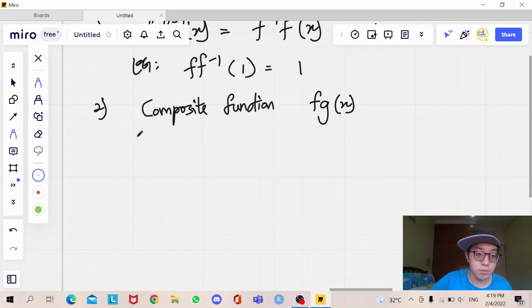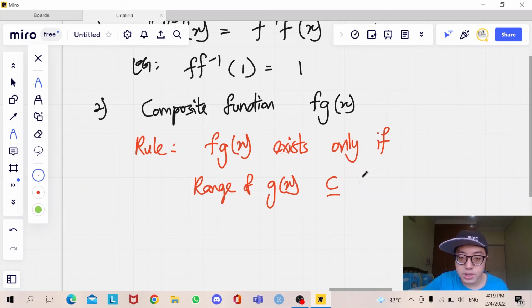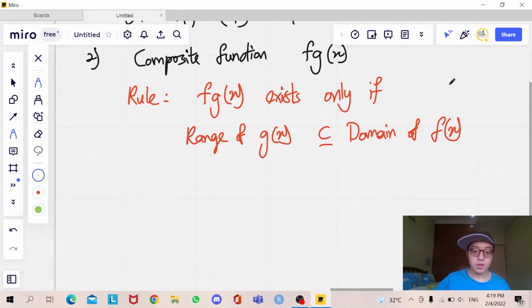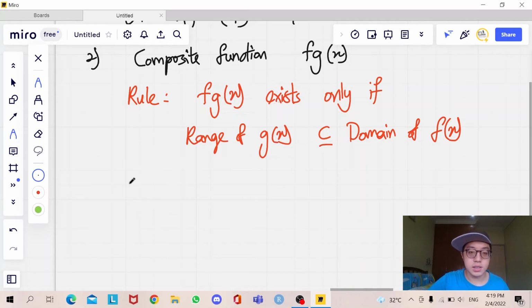This is a very important rule. fg(x) exists only if the range of g(x) is a subset of the domain of f(x). So how does this work? Why does this rule exist?